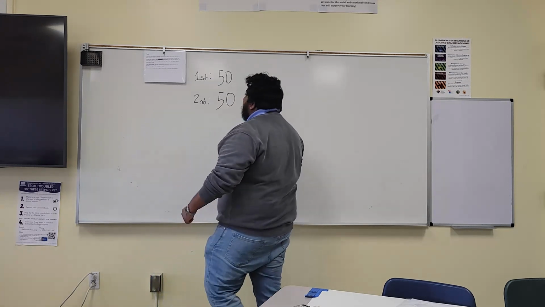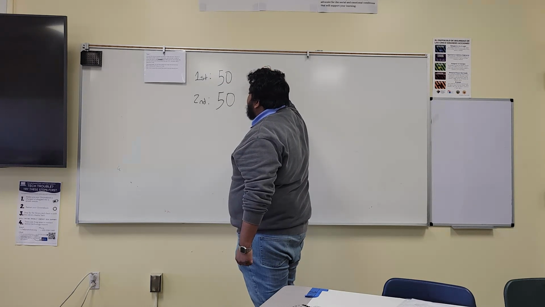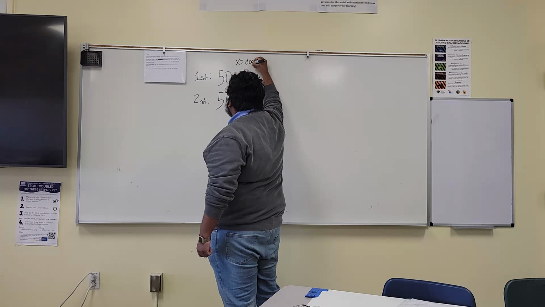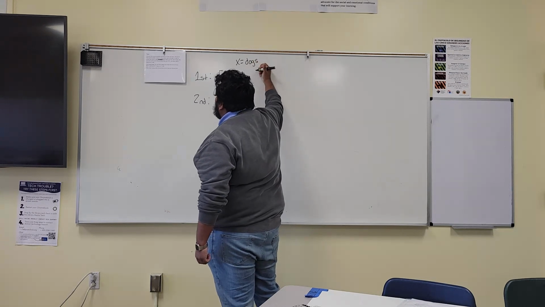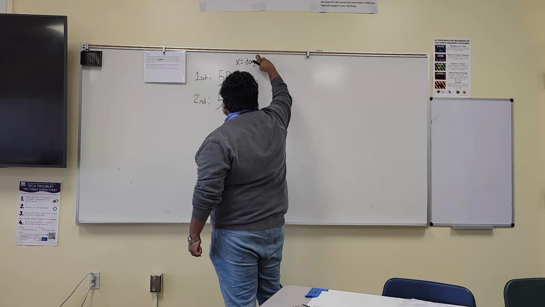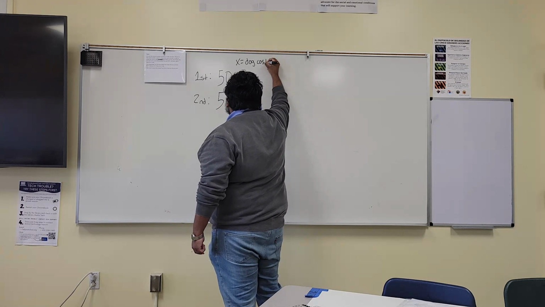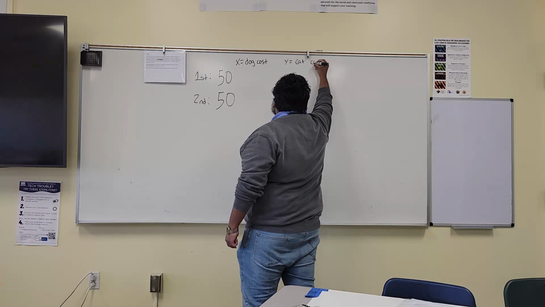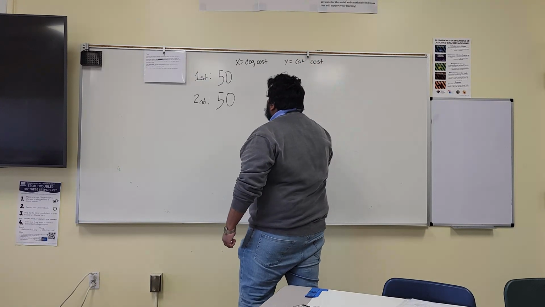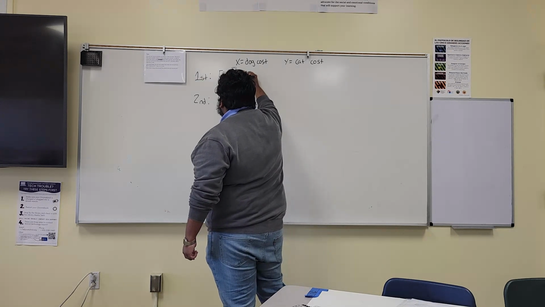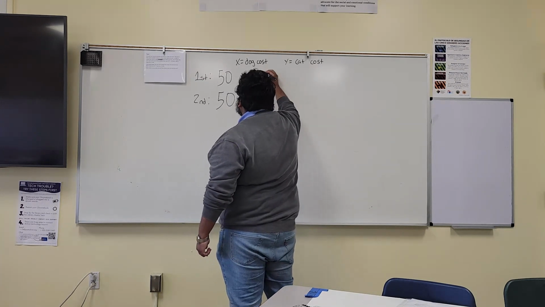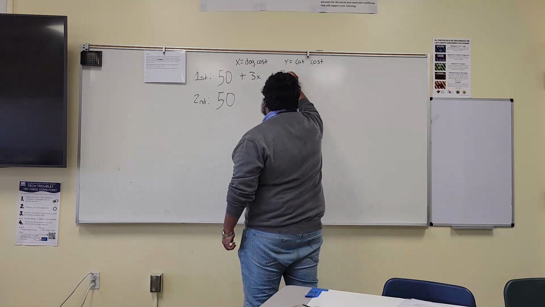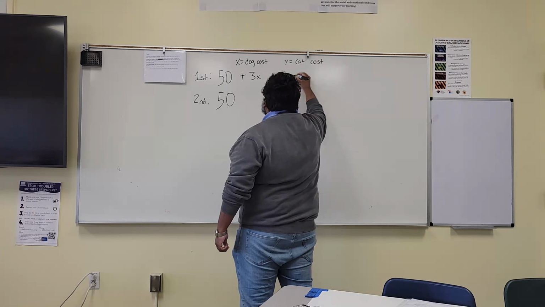On the first visit, they got 3 dogs and 2 cats, so we'll call X is equal to the dog cost. And then we'll call Y the cat cost. So they got 3 dogs and 2 cats on the first visit.